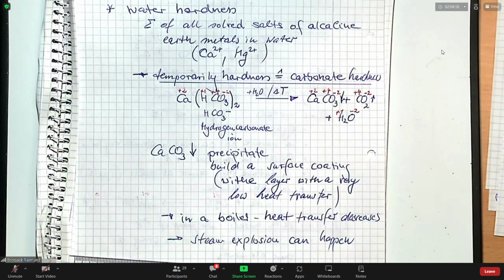So that is called temporary hardness, because when you cook it, the water itself is getting less hard, because part of the hardness is precipitated on the surface of the cooker. What's the problem? White, not black, it's white.